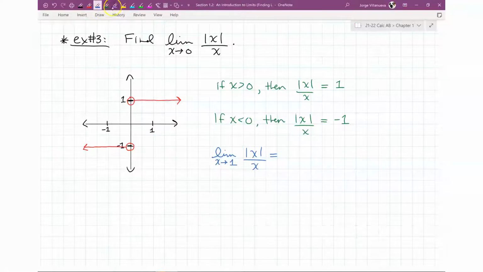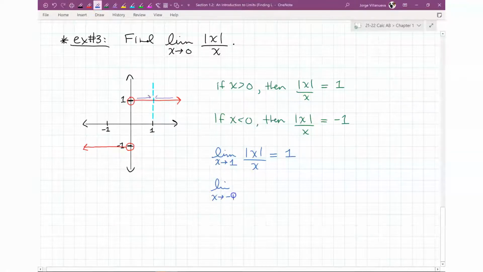So I can draw it for you guys here. There's 1. Now pretend you're on opposite sides, colliding towards that line. What is the height? 1, right? The height's 1. So the limit to this would be 1. What about the limit as x approaches negative 1 of this function?